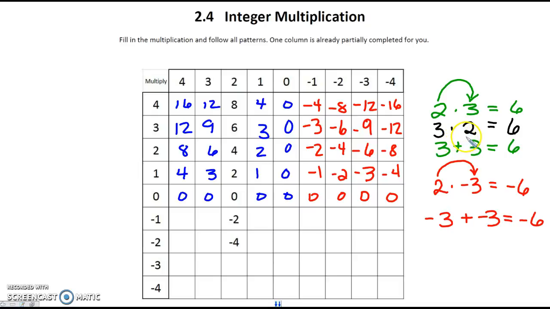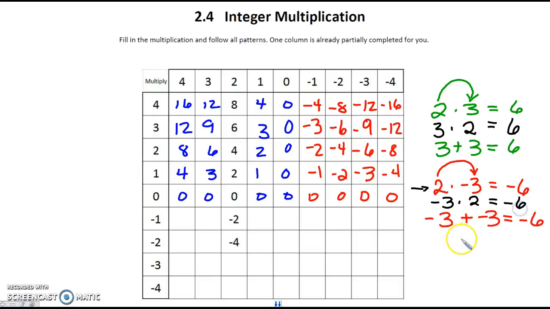Multiplication is commutative. The commutative property of multiplication says it doesn't matter what order we multiply in, we still get the same answer. So down here, if I take positive 2 times negative 3, shouldn't I get the same answer if I switch the 2 terms around and take negative 3 times positive 2?